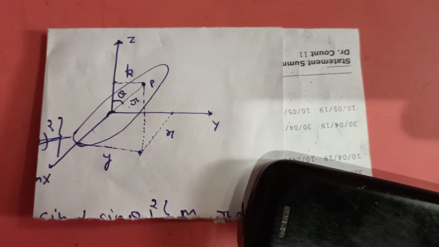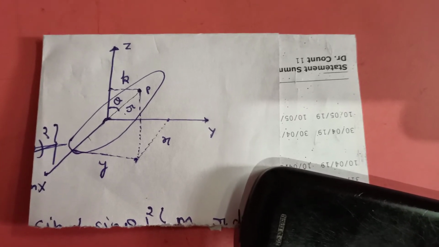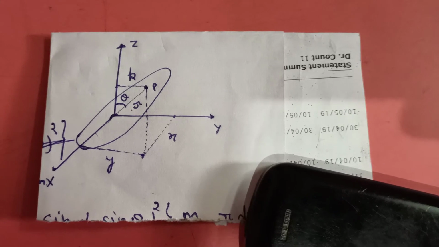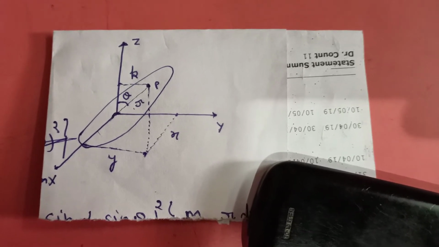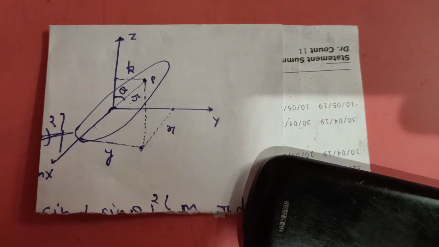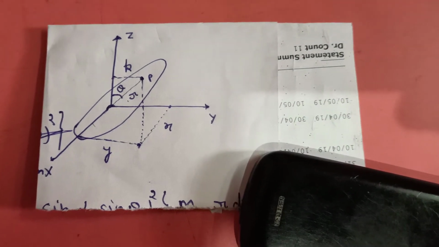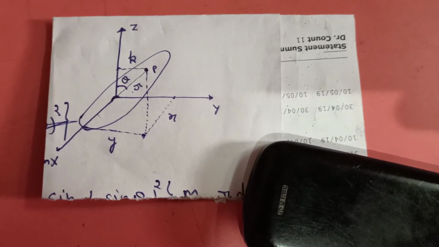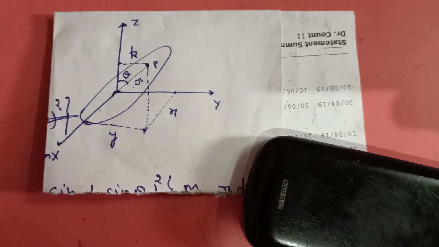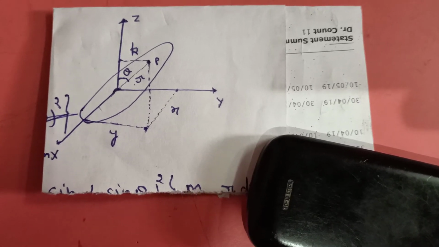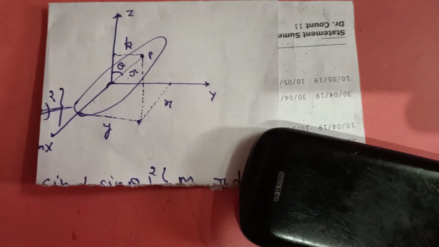Now guys, the perpendicular distance of this area element at point P from the axis is small k. So if we see its projection on the xy plane, then k square must be equal to x square plus y square.